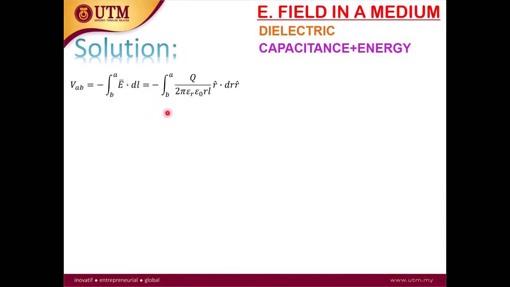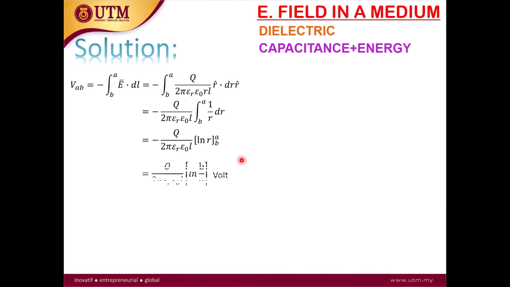We replace E with Q divided by 2 pi epsilon r epsilon naught rL in the direction of r, and dl is equal to dr in the direction of r. By solving these equations, finally we get negative Q divided by 2 pi epsilon r epsilon naught L ln a over b. Or we can make it positive, which is Q divided by 2 pi epsilon r epsilon naught L ln b over a volt.